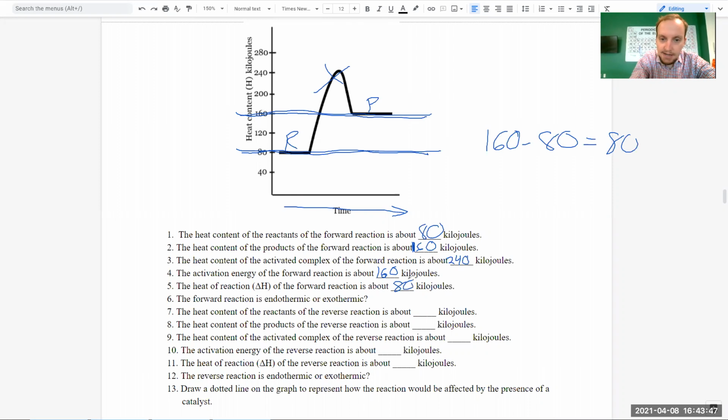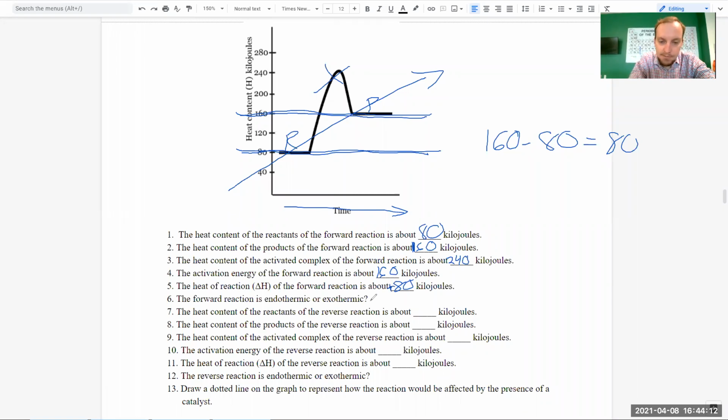So again, that is 80 kilojoules. Now again, we're going in this pattern. So is that a positive 80 or a negative 80? That would be a positive 80 kilojoules because we're going from 80 up to 160. So we have gained 80 kilojoules of energy. So that again would be a positive 80. Let me go ahead and try to do that a little bit nicer.